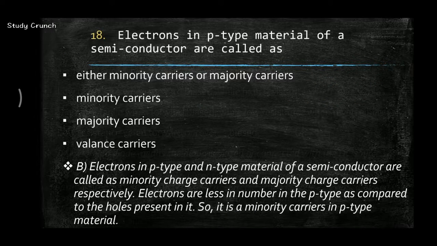Next, electrons in a p-type material of a semiconductor are called as minority carriers. So electrons in p-type and n-type of a semiconductor are called minority carriers and majority carriers respectively. Electrons are less in number in p-type as compared to holes present in it. So they are minority carriers in p-type material.